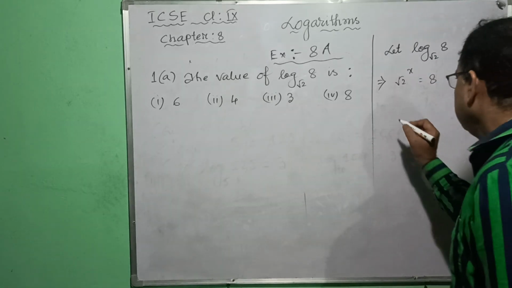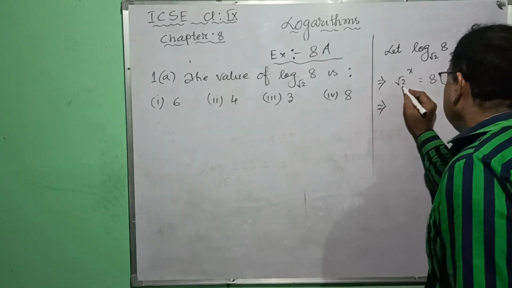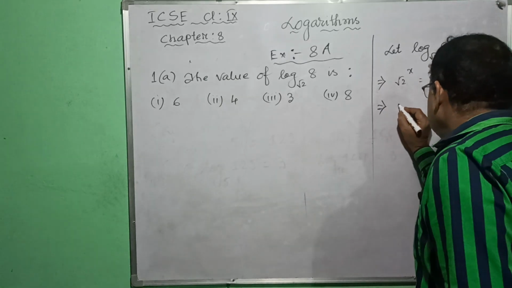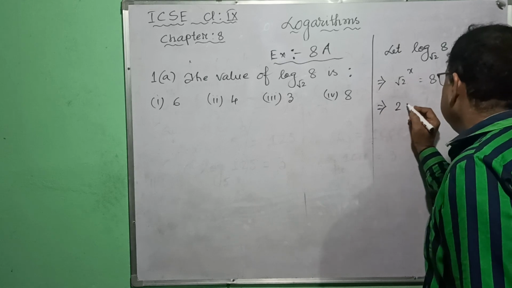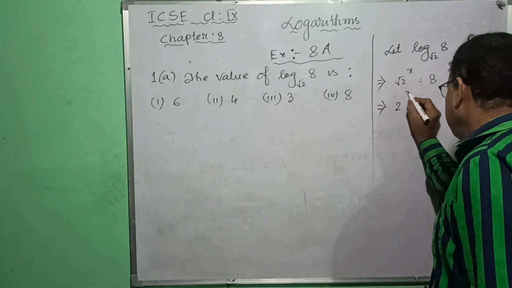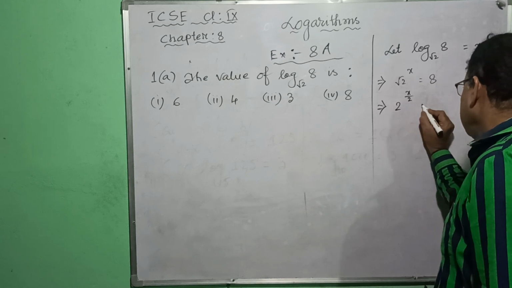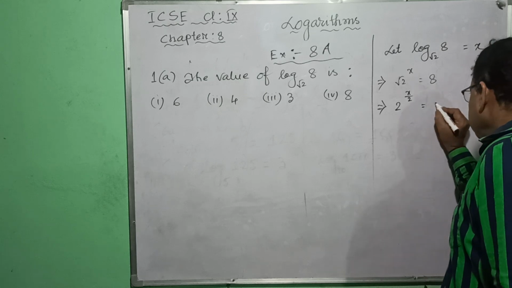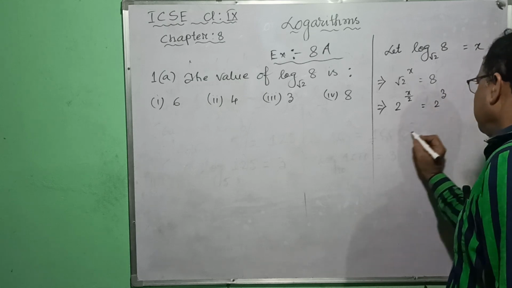We know that root 2 equal to 2 to the power half. So we can write 2 to the power half, the power multiplied, so here will be x by 2 equal to, if we write 8 in exponential form, 2 cube.